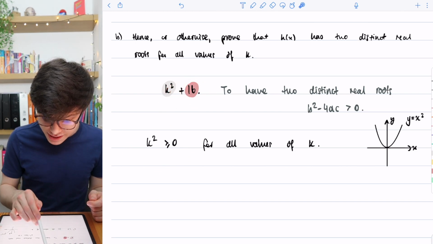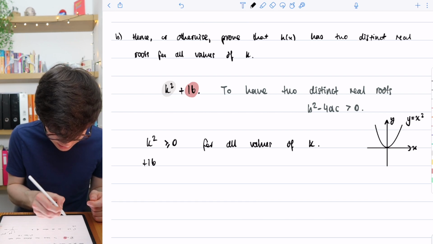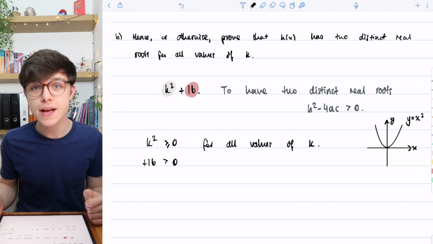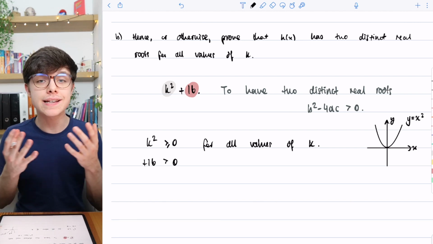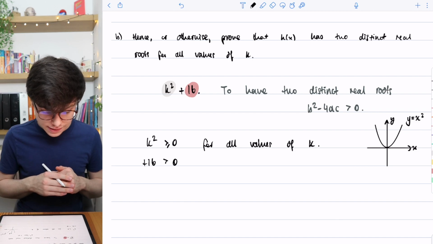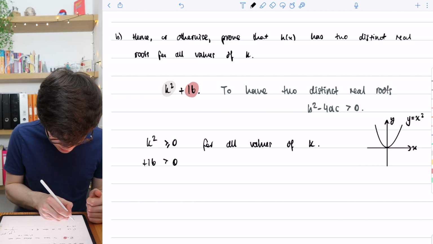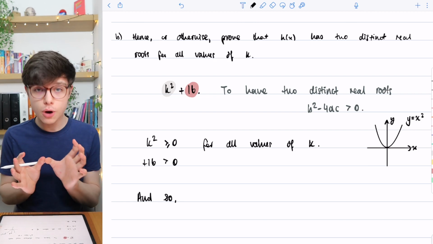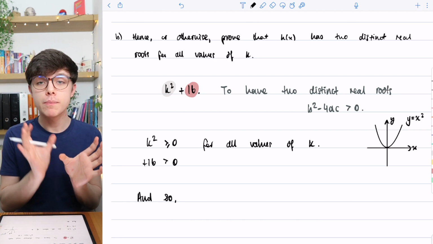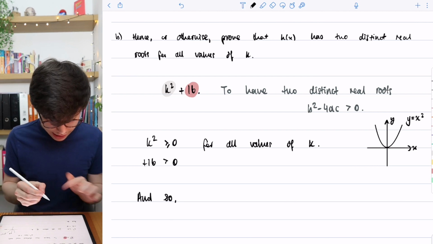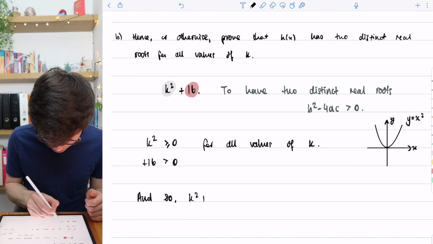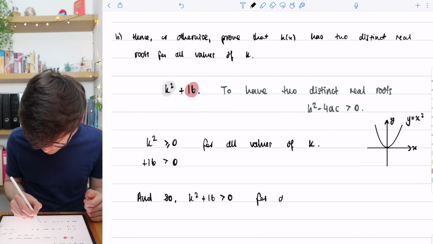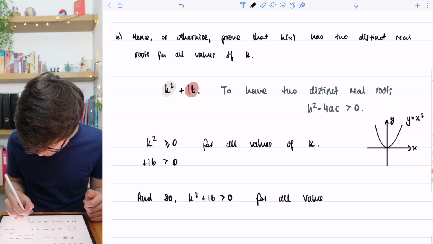What about this plus 16? Well, we know 16 is greater than 0, okay? And that's just a fact. 16 is a constant, it's always going to be greater than 0. And so we can then say that because we've got something that's always greater than or equal to 0, plus something that's always greater than 0, the 16, k squared plus 16 is always greater than 0 for all values of k.